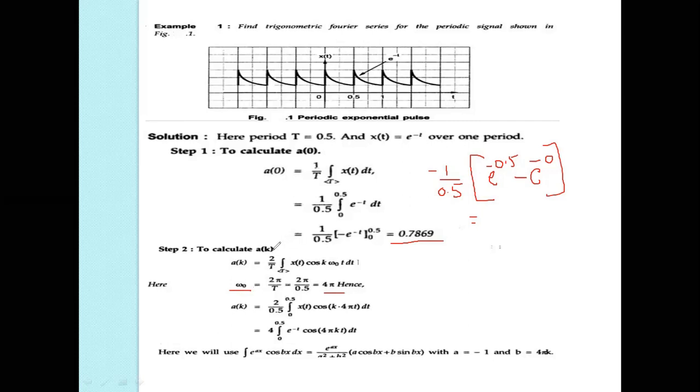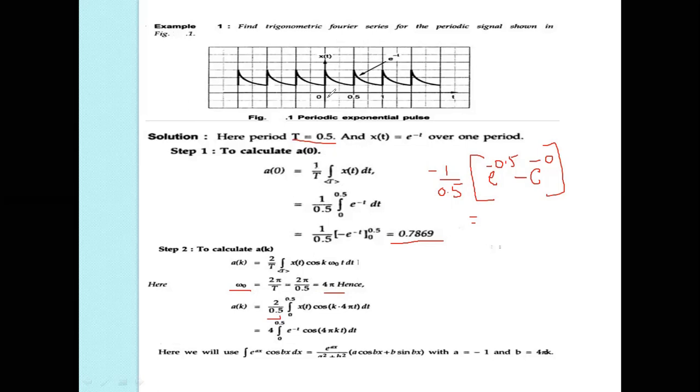And a of k is equal to 2 by 0.5, the integral 0 to 0.5 of x of t cos k omega naught t dt, where omega naught is 4 pi.